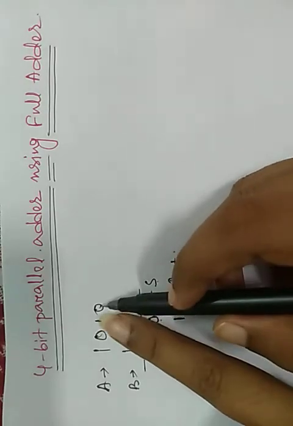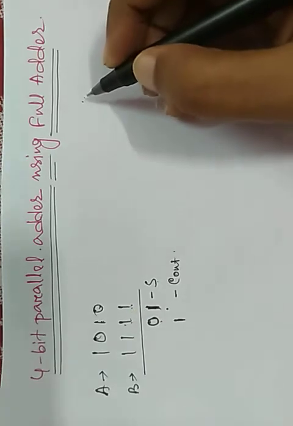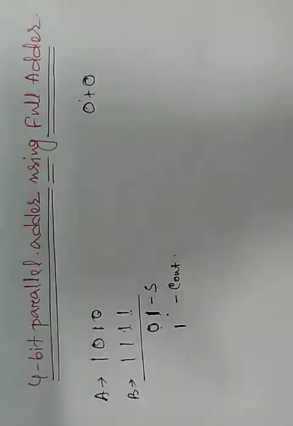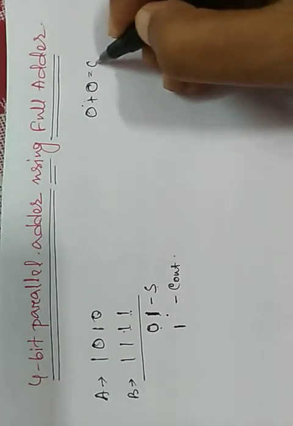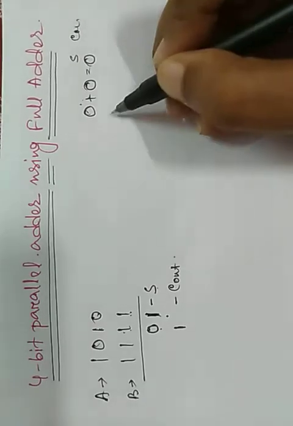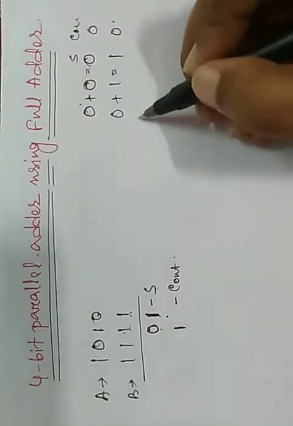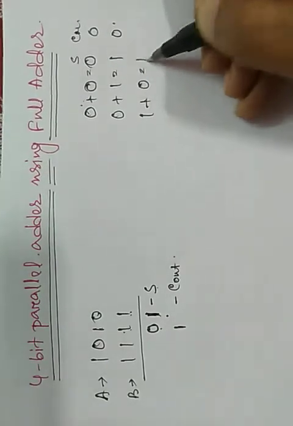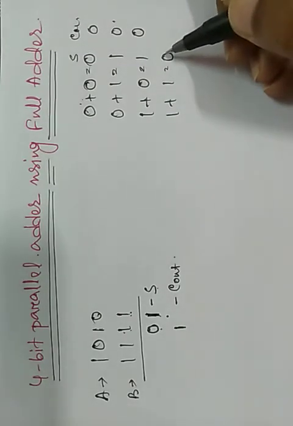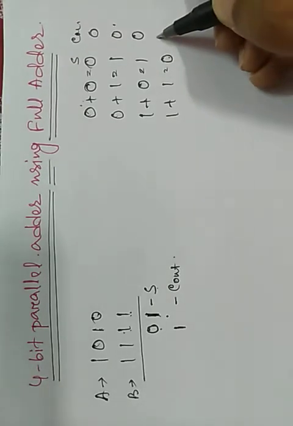Let us see the construction of our full adder. We know that 0 plus 0 means 0, this is sum, and this is carry out. 0 plus 1 means 1, carry out is 0. 1 plus 0 means 1, carry out is 0. 1 plus 1 means 0, carry out is obviously 1.